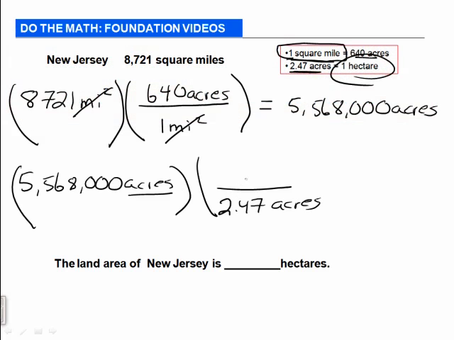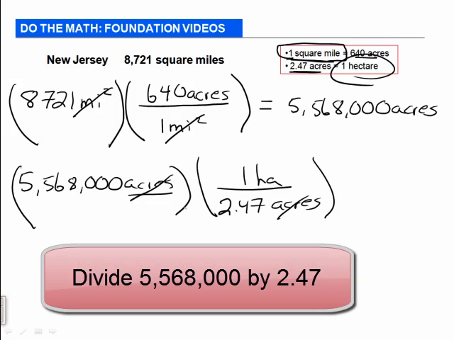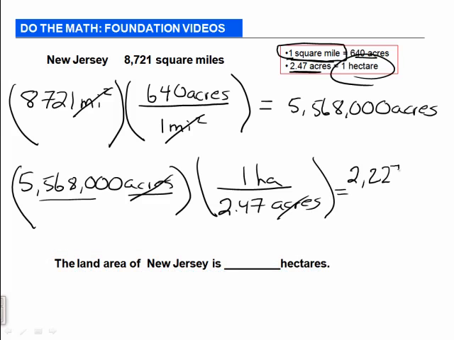And then 1 hectare, I'll call it an HA. So that way the acres cancel. Essentially, I'm going to take this 5 million number and divide by 2.47. I get my calculator out, and I get still a pretty big number, 2,227,200 hectares, HA. So that's the number that goes in this box. That's the first one.